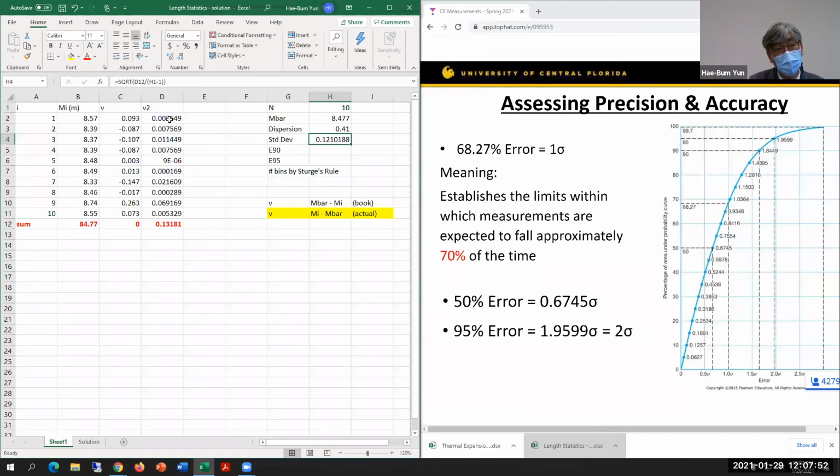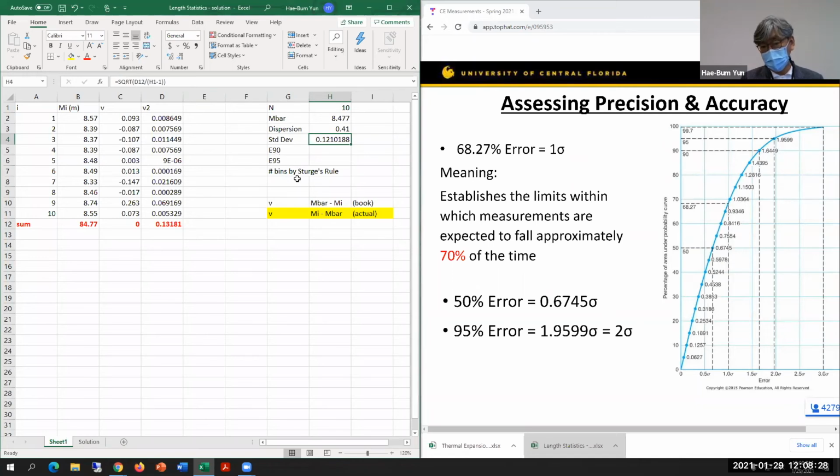This is the summation of the residual square divided by n, which is h1, minus 1. Then you will get the answer. Do you have other questions? Okay, not then. Then the two we have are E90 and E95.